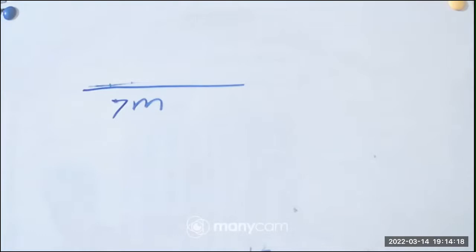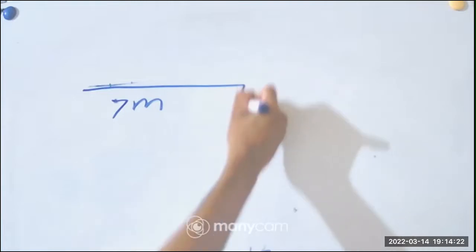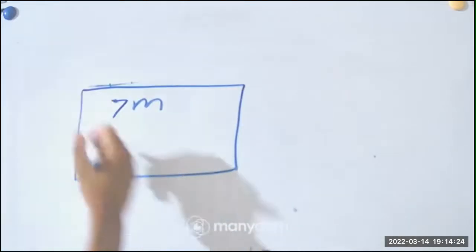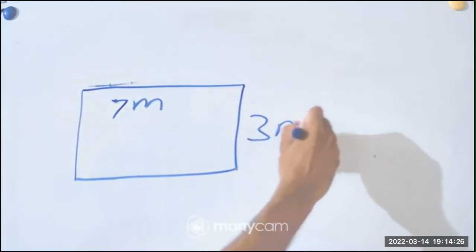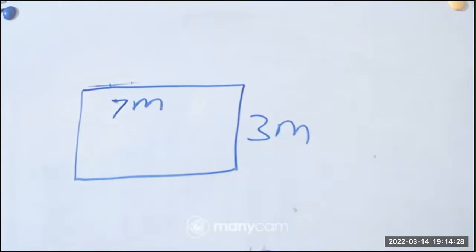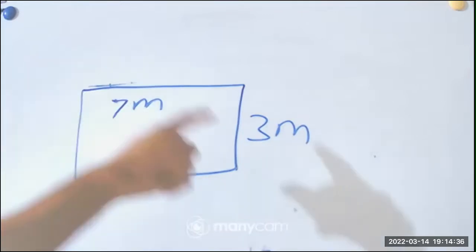Now, if it was closed, so suppose it was closed now, 7 by 3 meters. And I need to find the number of posts that can go around the shape if you're placing them 1 meter apart. So explain to me, how will you go about working a problem like this?